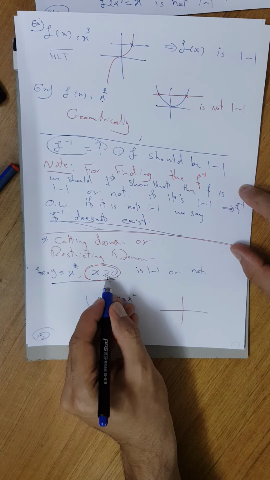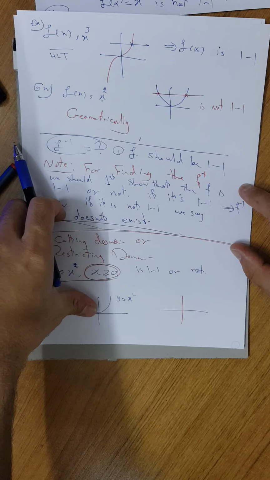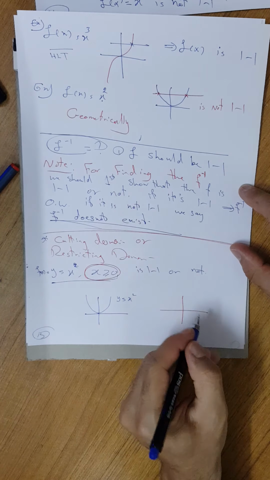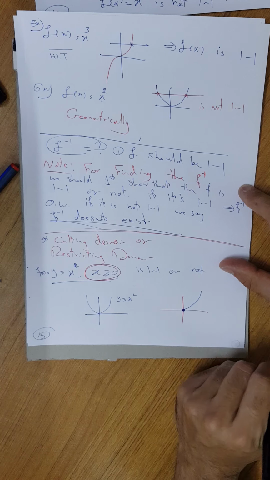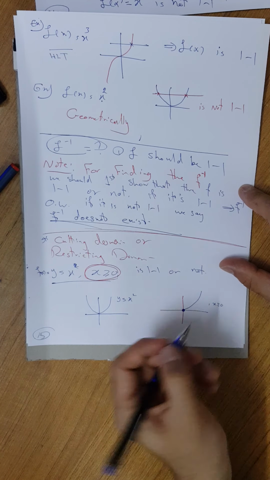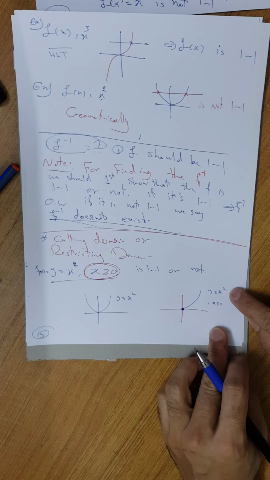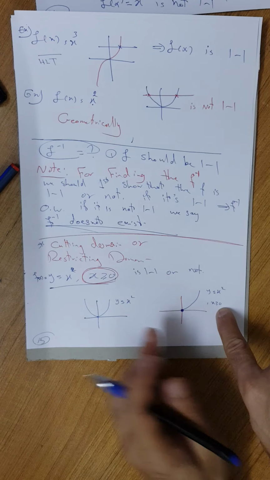We have x greater than or equal to 0, which means we should neglect, delete, cut or restrict the other part. So this is the graph of y equal to x squared, but only when x is greater than or equal to 0.